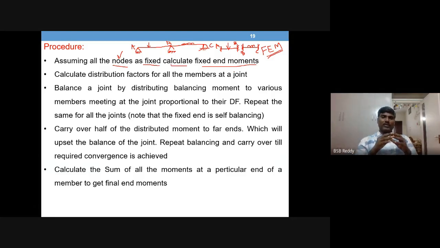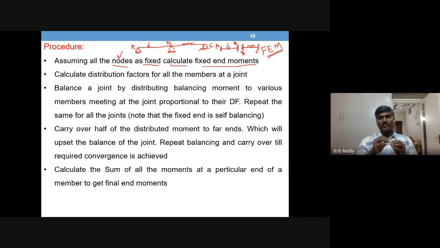Okay, so if you are given a problem in the moment distribution method, first the given structure must be taken as every member being a fixed beam. Then from the given loads on the fixed beams, you write the fixed end moments.